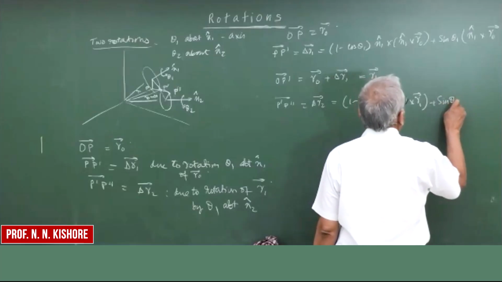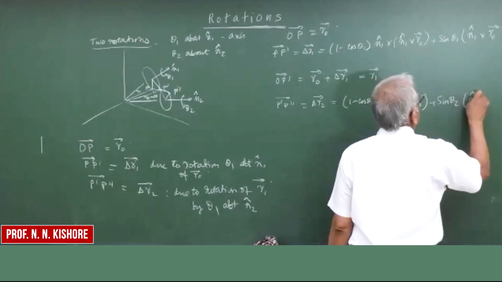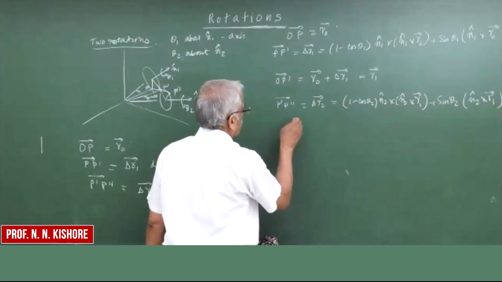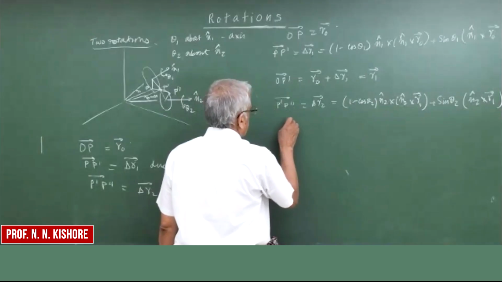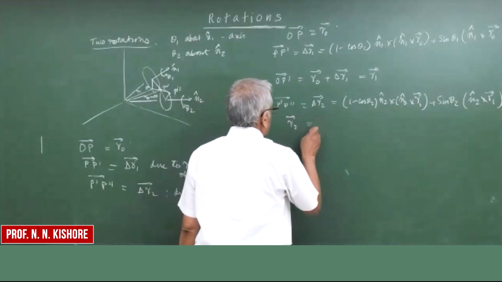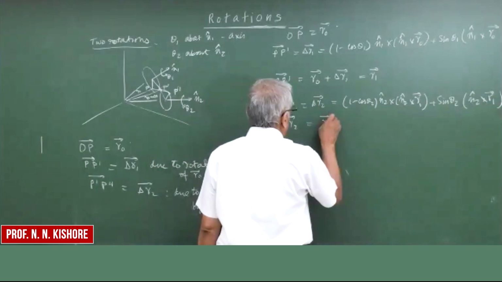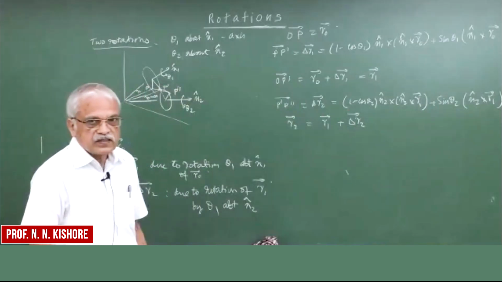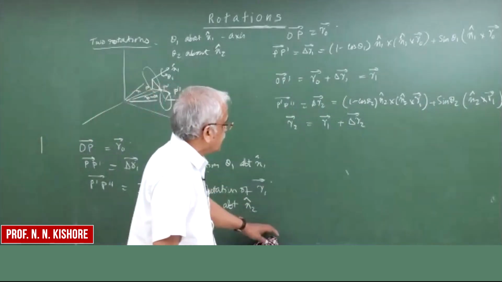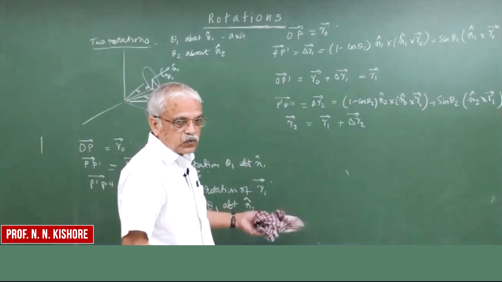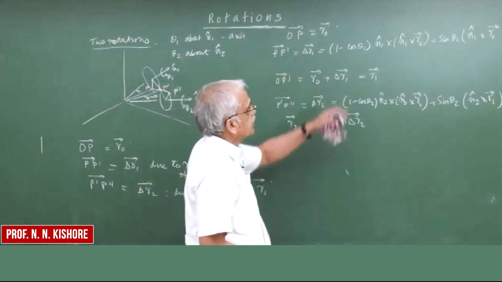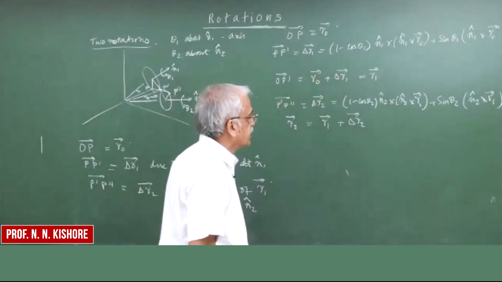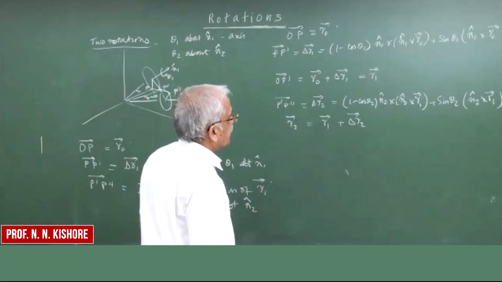Plus sin theta 2 N2 cross R1. Then R2, the updated one, is nothing but R1 plus delta R2. So this is the sequence in which we put down two rotations, one after the other. First is a rotation about axis N1 by angle theta 1. The next is theta 2 about N2.